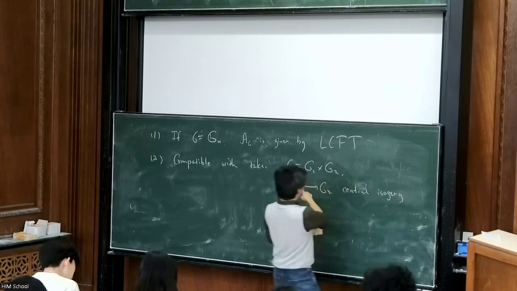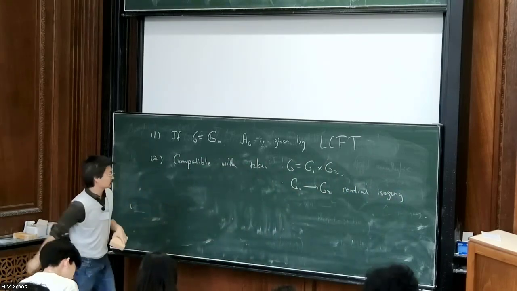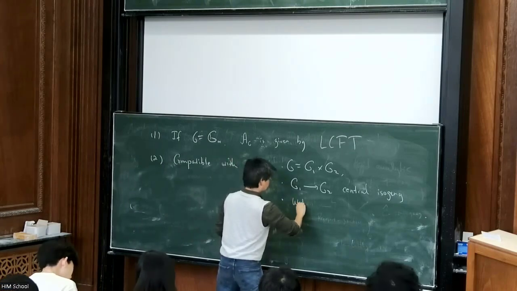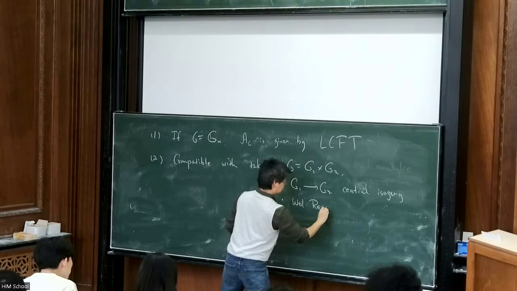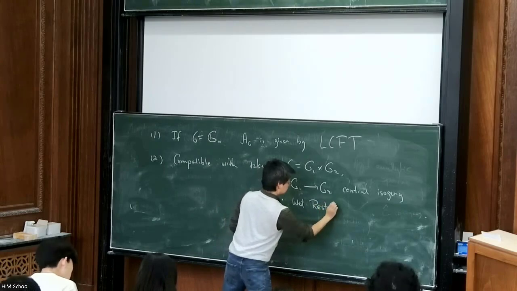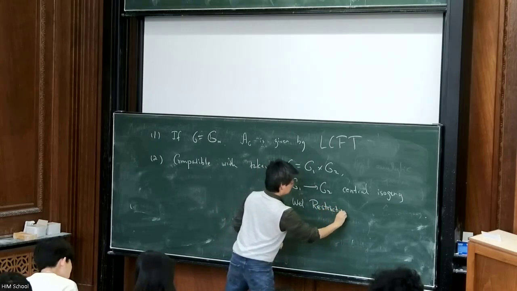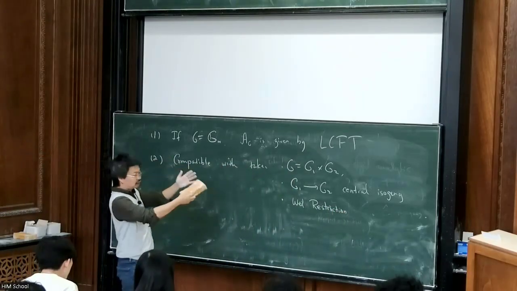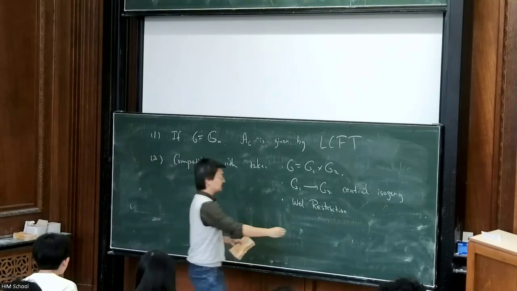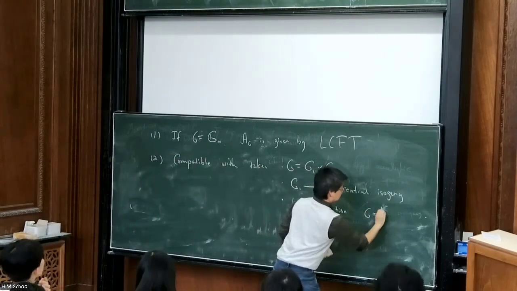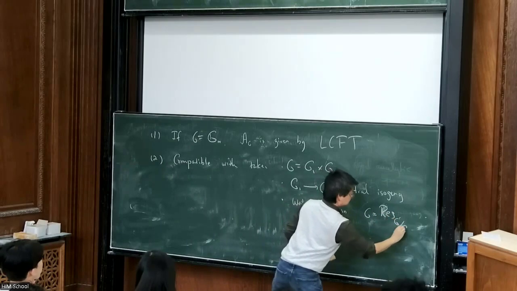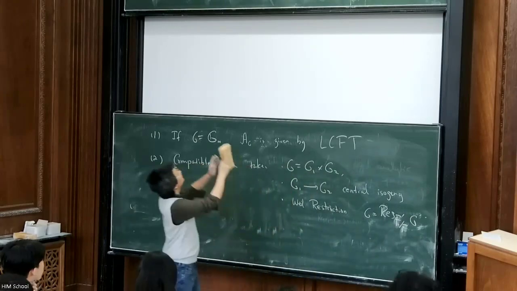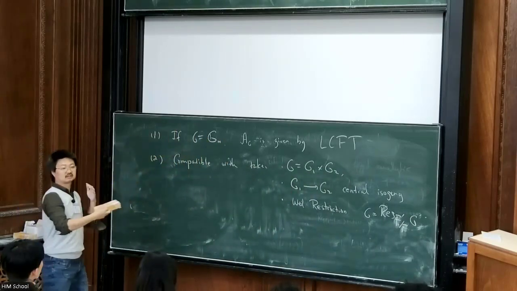A central isogeny basically means a map of reductive groups that induces an isomorphism on adjoint groups. And the Weil restriction: you can show that if G is a Weil restriction of another group G prime, then the two sides don't really change.